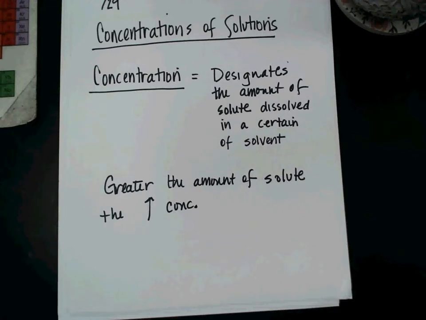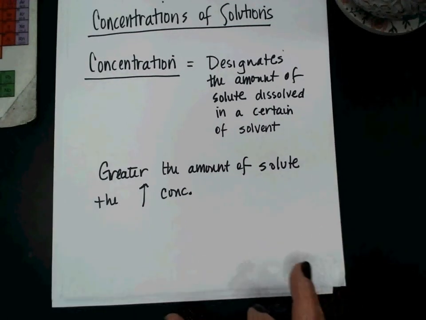If I have two beakers and they both have 100 milliliters of solvent, and in one beaker I put 0.5 moles of a substance, and in the other I put 1.5 moles of the substance, the one with the 1.5 moles is of greater concentration than the one with 0.5 moles because they're in the same amount of solvent.